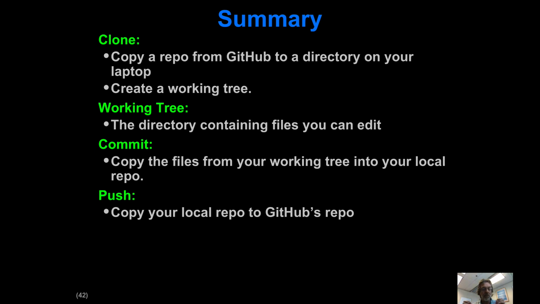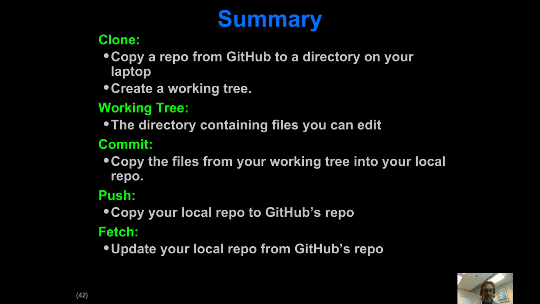Push is the process of taking whatever modifications are now in your local repository and copying them up to GitHub's repo. Fetch goes the other way. Fetch is saying there might be some changes at the GitHub repo that you did or somebody else did that's not available locally. Let's bring those changes down into your local repo.